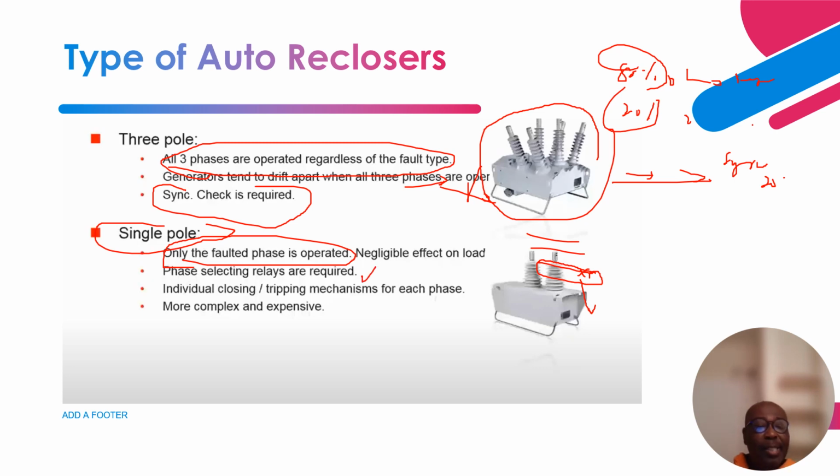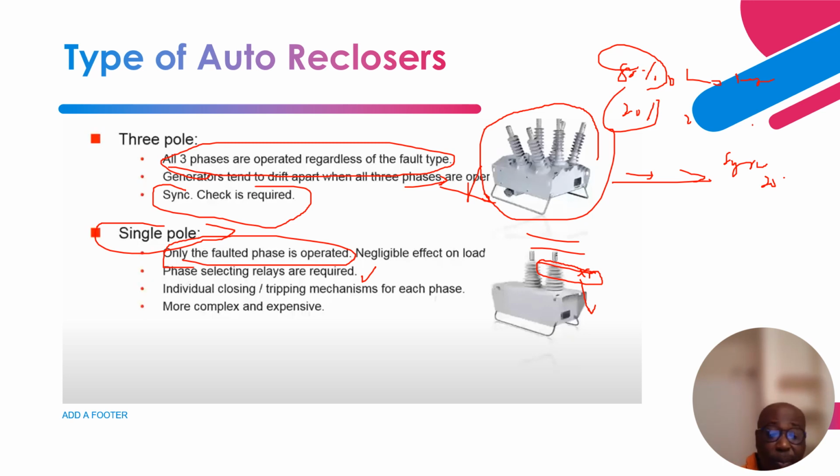It requires specific relays that are phase selective, a relay able to identify the particular faulted phase so you can trip it. It also requires closing and tripping, which occurs individually for each phase.